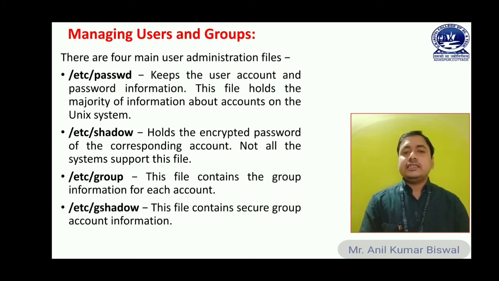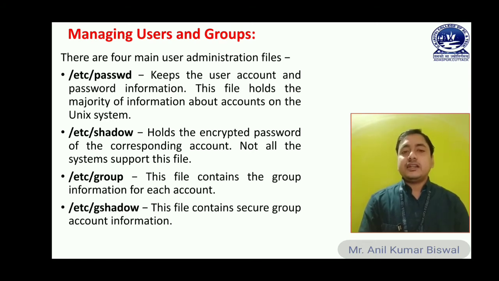Next we are learning gshadow. What is the real use of gshadow? It is also located in the directory known as /etc. In the etc section we have different types of files like passwd, shadow, group, and gshadow also. What is the use of gshadow? It specially contains some secure group account information.